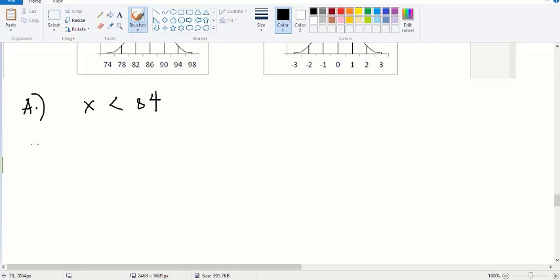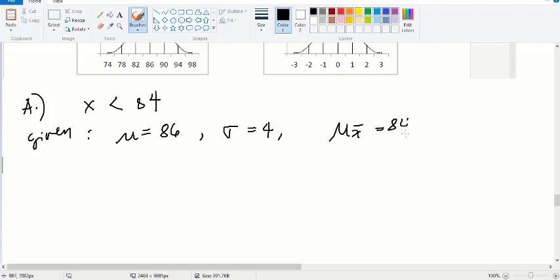Okay, so what we are given is the population mean, 86, and the standard deviation, which is 4. And we also have 84, which is what we are comparing.